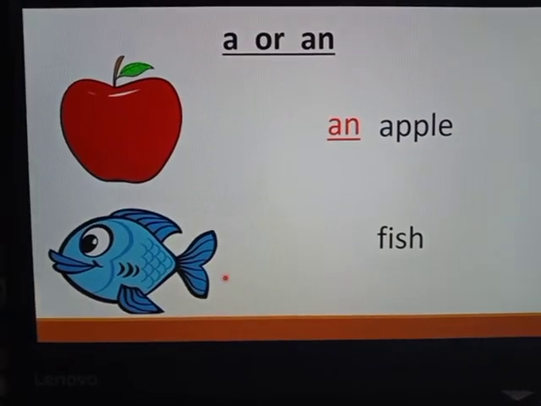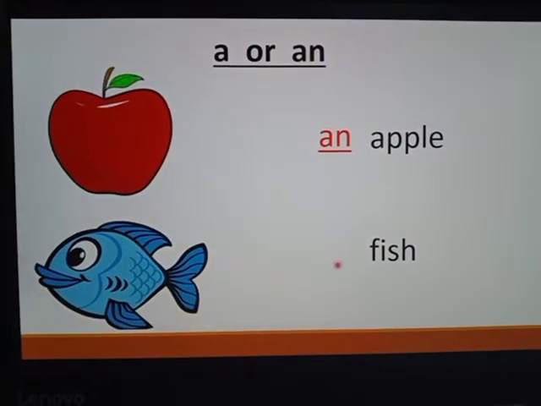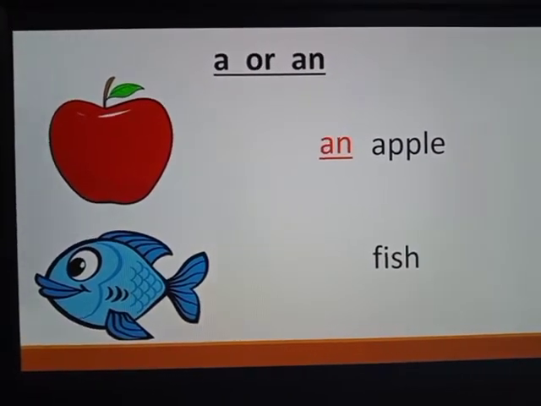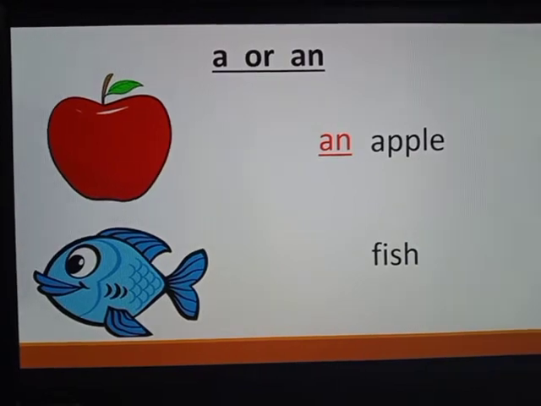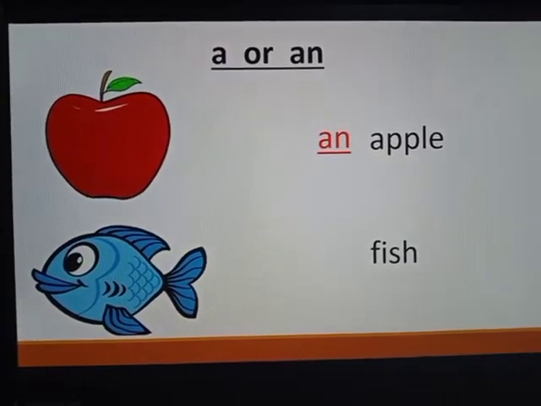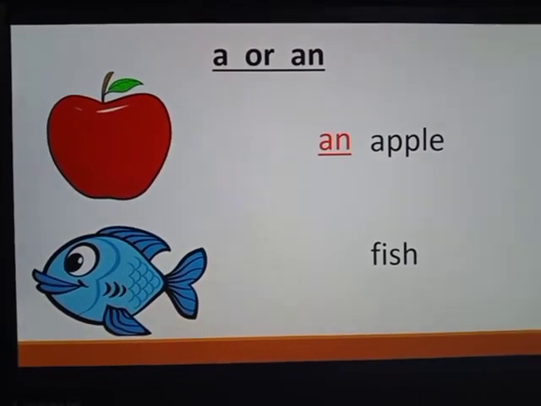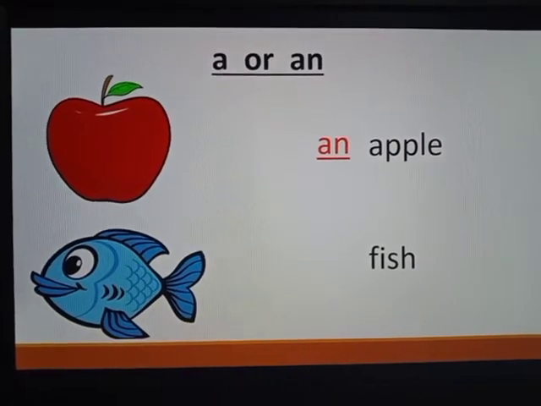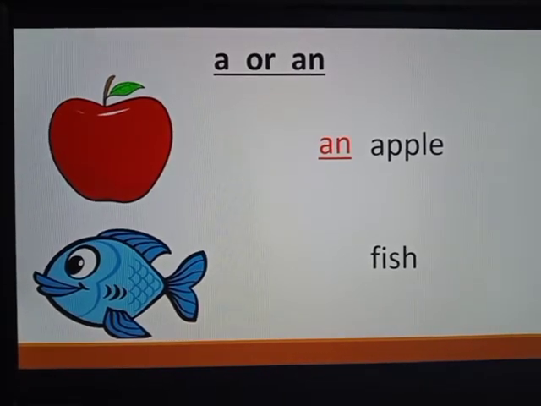Yes, it's a fish. What is the spelling of this word? F-I-S-H. Fish. So now tell me, what is the starting letter of this word? F. Okay. So F is a consonant or vowel?